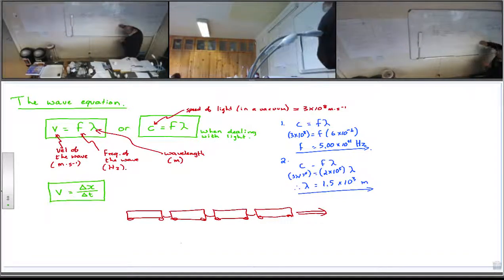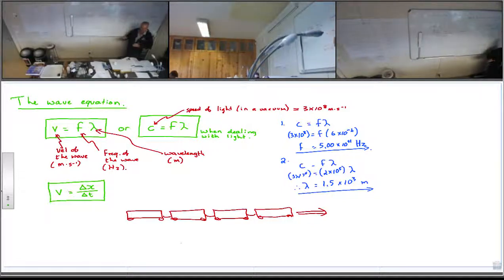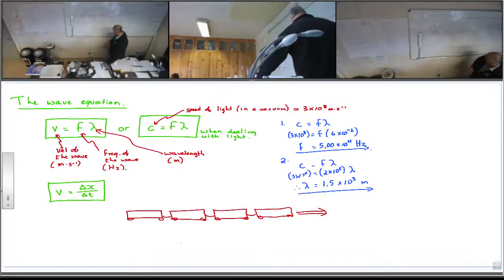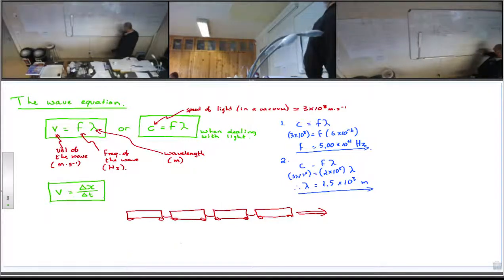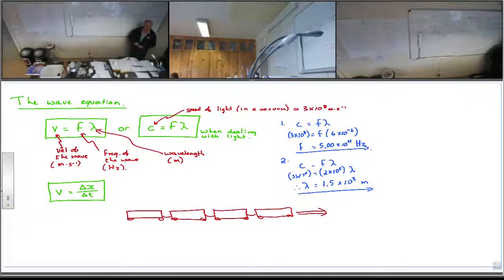All you can see is a narrow portion of the train, and you stand there with a stopwatch and you say, right, when this train comes, I'm going to start the stopwatch and count how many carriages go past in 1 second. Let's say you're a real fast counter. This train is really moving. You count 1, 2, 3 carriages go past in a second.